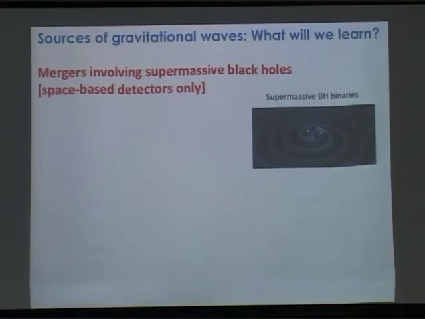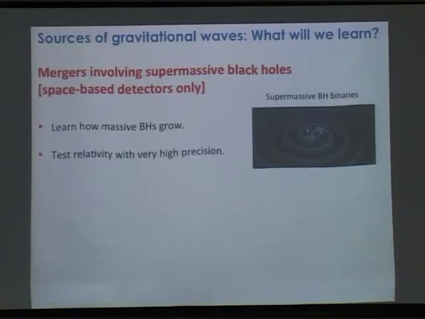Okay, so another class of sources is supermassive black hole binaries. This is really only important for the space-based gravitational wave detectors and also the pulsar timing arrays. If we could observe these types of objects, one of the things we'll learn is how massive black holes actually get their mass, whether it's through many mergers of smaller black holes or through accretion of gas.